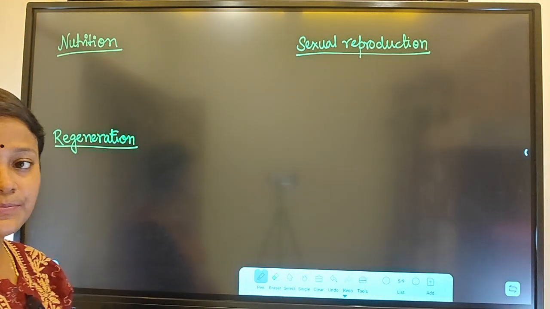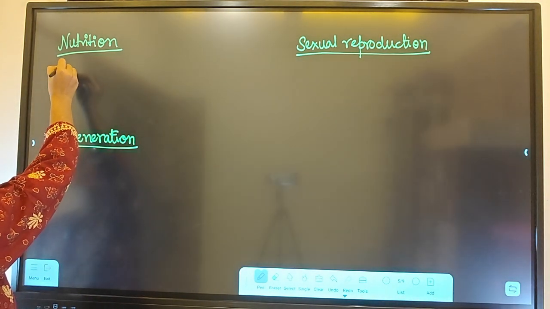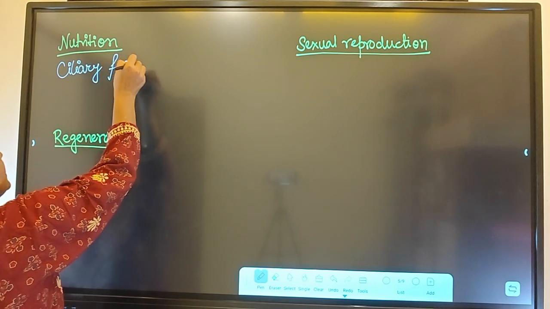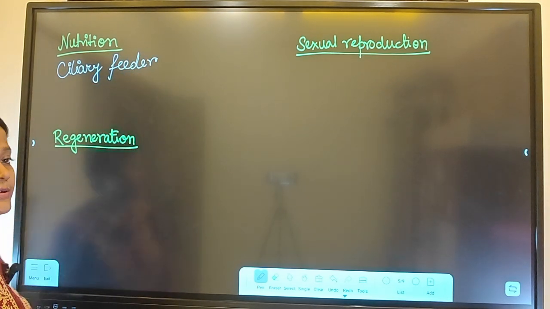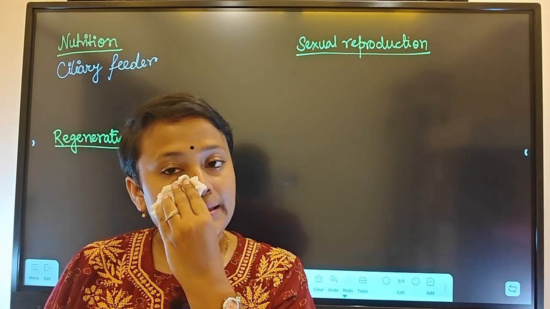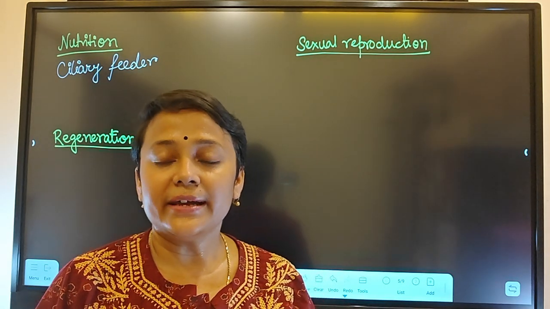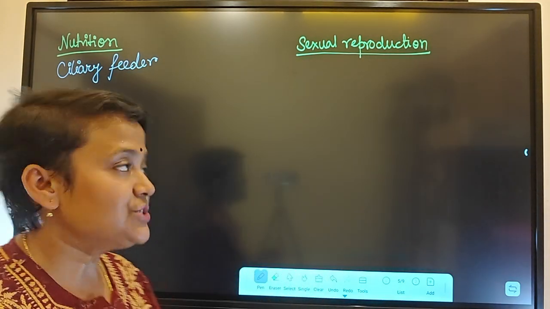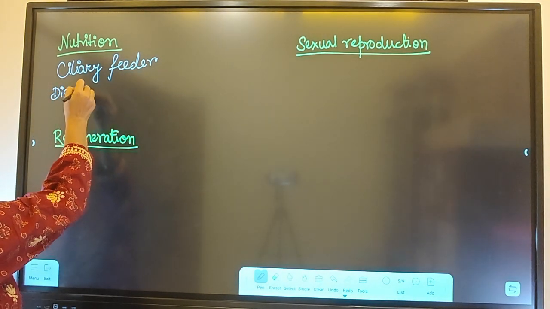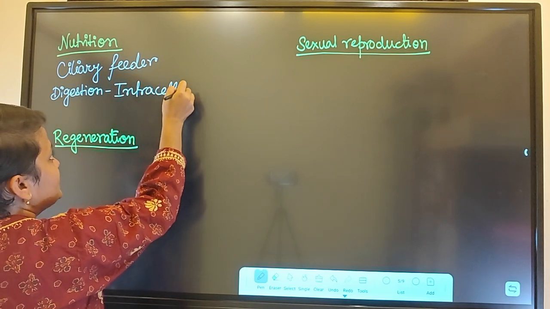Coming to nutrition, they are ciliary feeders. Ciliary feeder means the suspended matter or suspended organisms are collected by the collar cells, and the digestion will be intracellular, meaning within the cell.